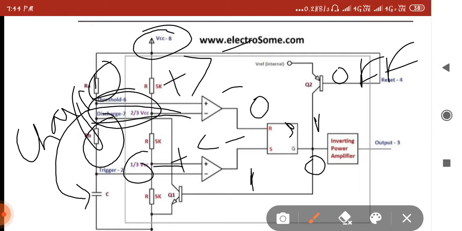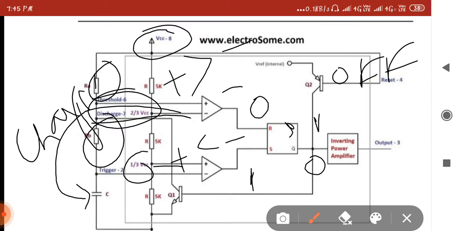If the voltage is greater than or equal to 2 by 3 of VCC, the upper comparator output is high, and the capacitor is in the charging state.